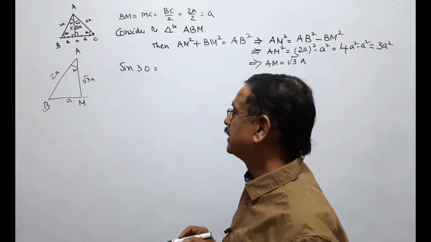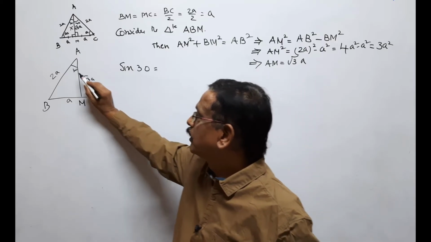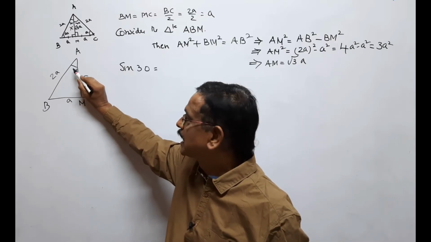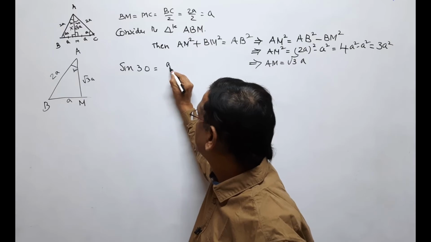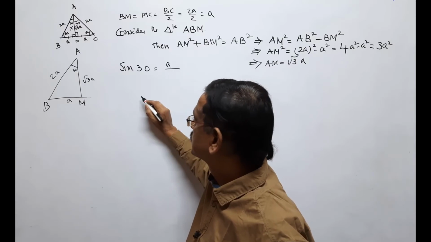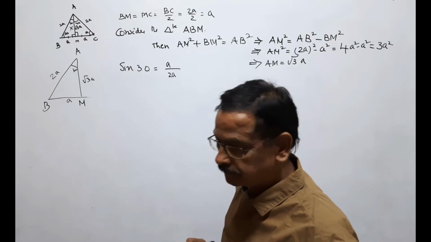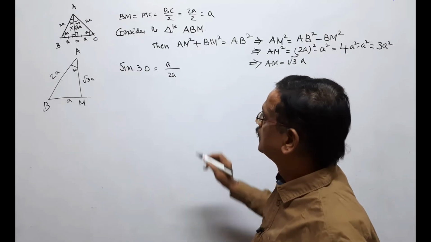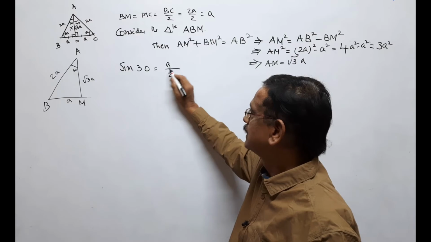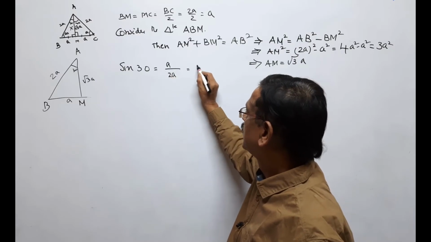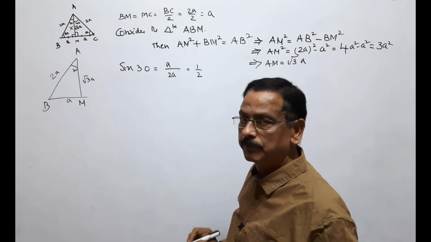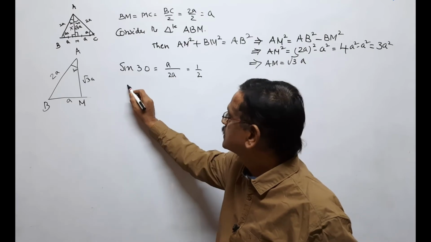So if I have this, I want to look at sine 30. Sine 30 is opposite side by hypotenuse. So sine 30 is A by 2A, which is 1 over 2. What about cos 30?